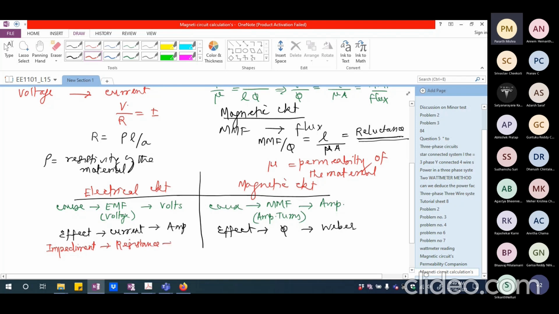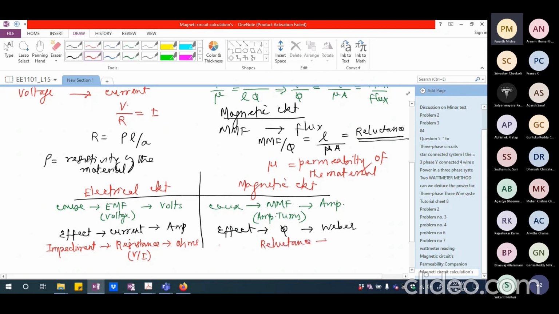That is essentially measured in ohms. So this is going to be V divided by I. Whereas here I'm going to say the impediment is reluctance.